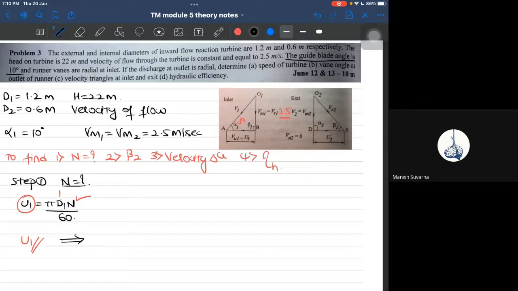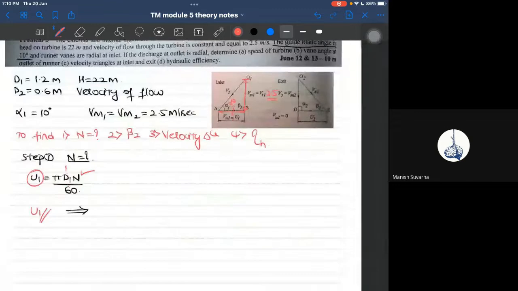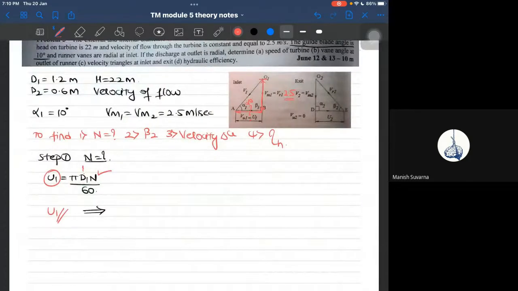Come to the velocity triangle here. Alpha 1 is known, 10 degrees. This length you know, which is 2.5. So I can calculate U1, isn't it? So what should I do for that? I should apply tan alpha 1.